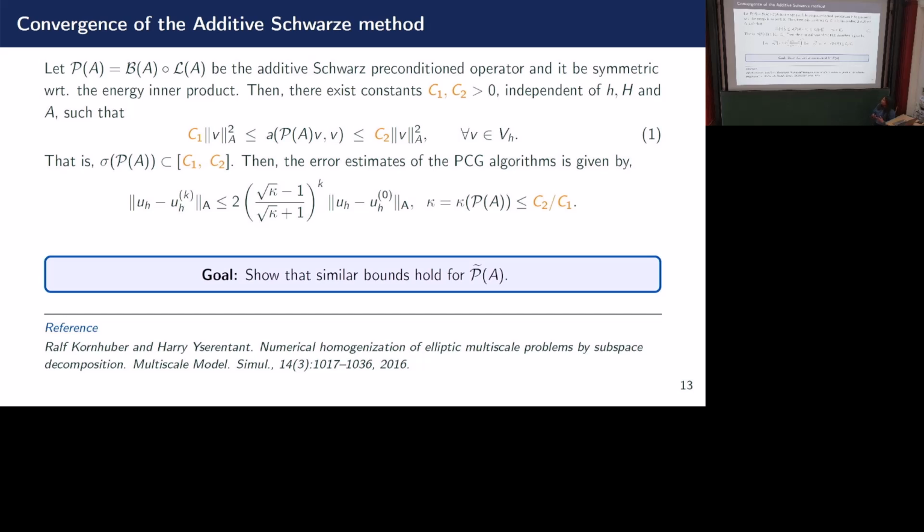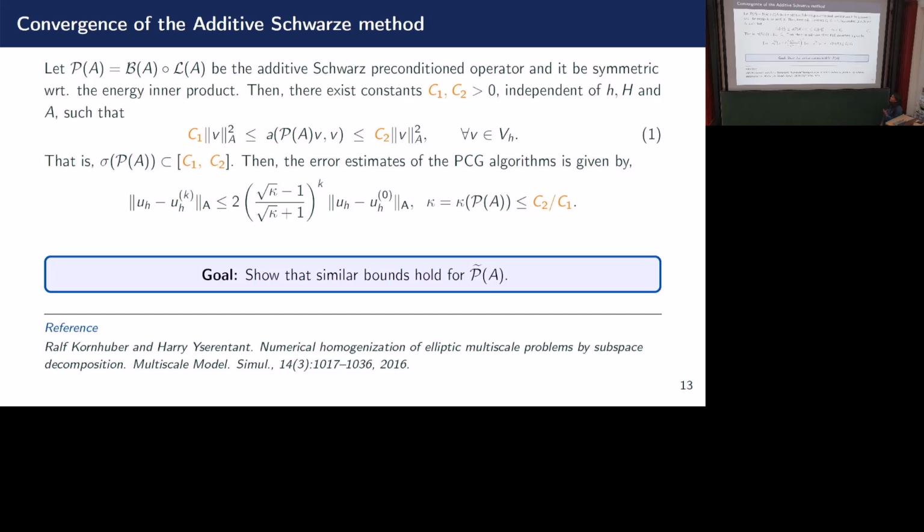And now remember that P is the preconditioner that is seen by the preconditioned conjugate gradient method.